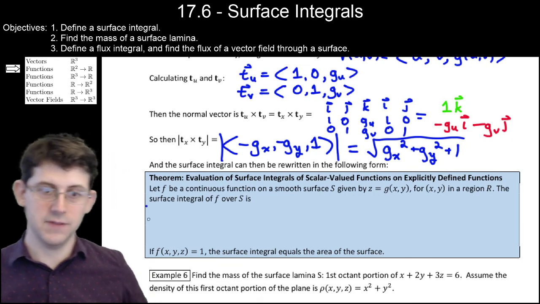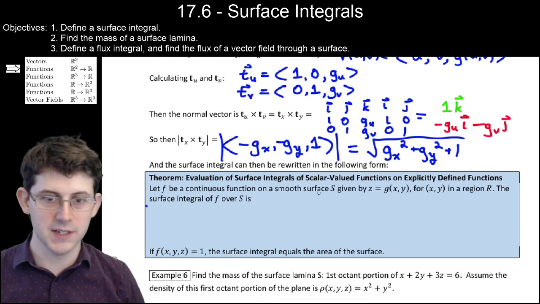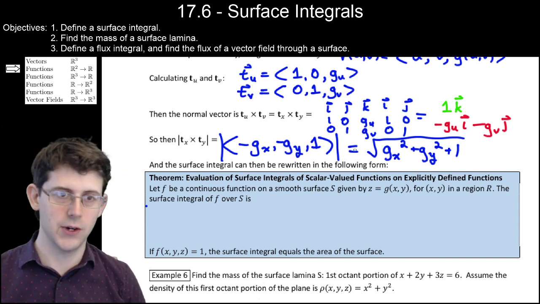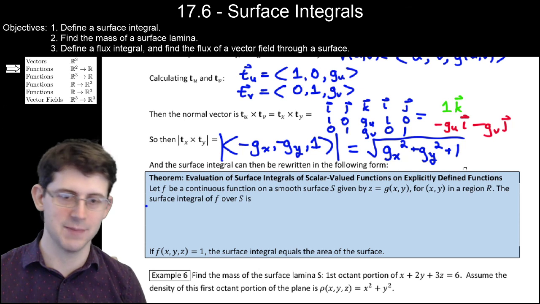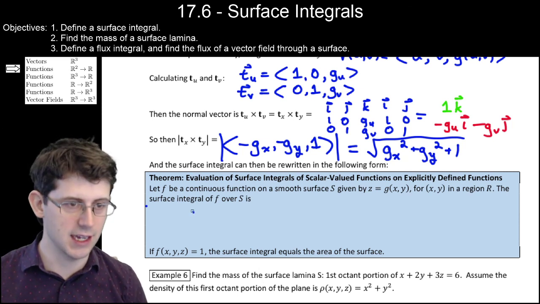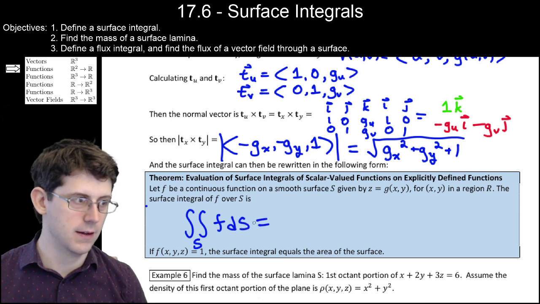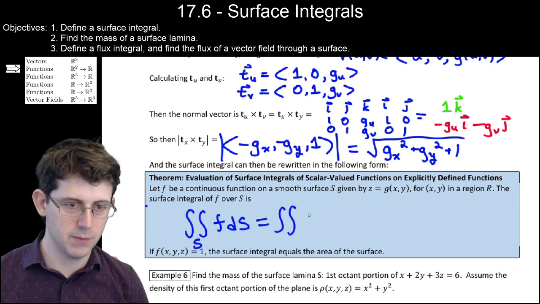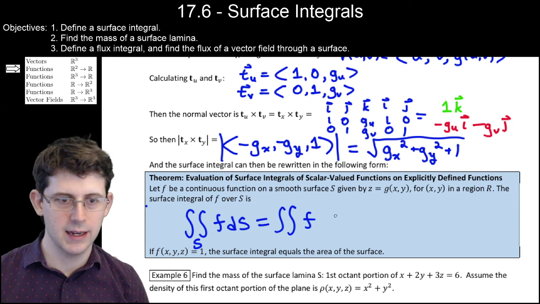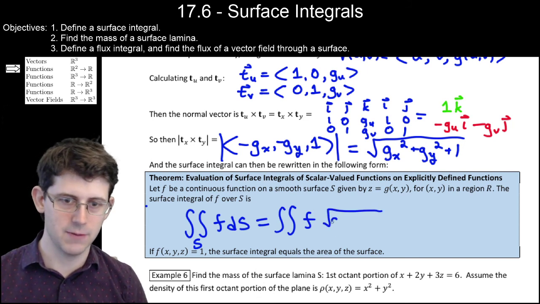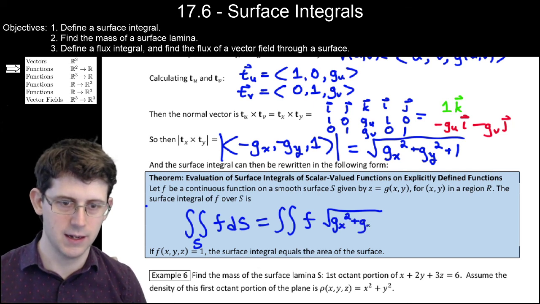So if your surface is defined explicitly by a height function, then you get to just use this. You don't have to find Tu cross Tv and take its magnitude every time. So we'll just say that if you're integrating a function over a surface, then you can just put the function in here. And where you should have the magnitude of Tu cross Tv, we say, yeah, but I remember what it is from this calculation up here.